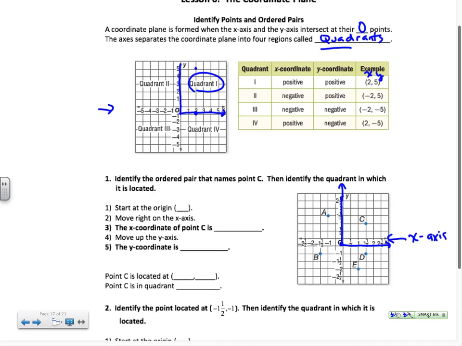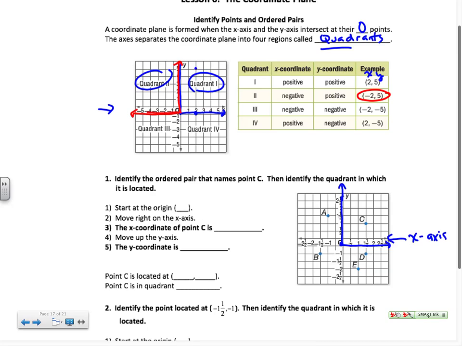That would be the y coordinate. Okay, quadrant 1, quadrant 2. It's going to comprise the negative numbers because the x coordinates go that way, but also the positive y coordinates because it goes up. So we have a negative and a positive. All right, quadrant 3.